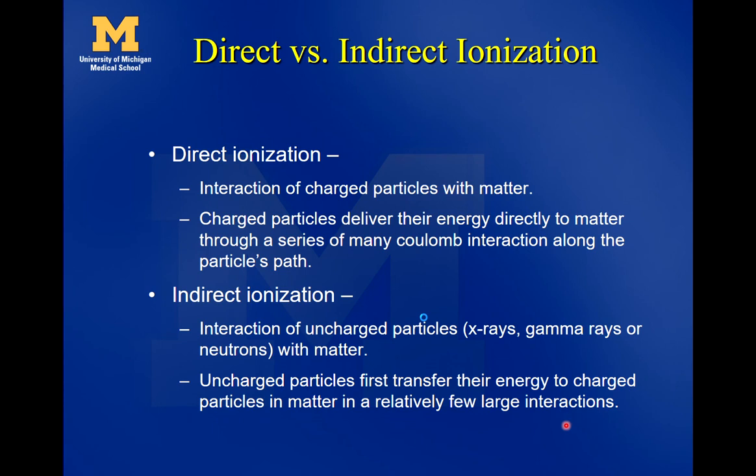Whereas an X-ray will come in, and instead of doing most of the dose itself, it does most of it through indirect action. The X-ray will collide with the patient, kick an electron off of an atom, and then that electron goes through, does direct ionization, and contributes most of the dose. This is a jargony term that we use in medical physics that you're going to have to know.